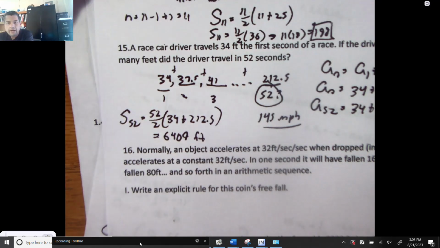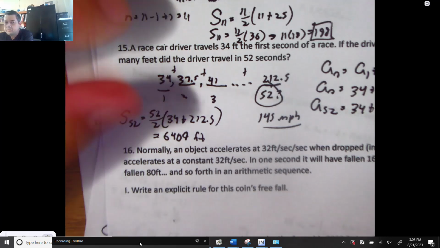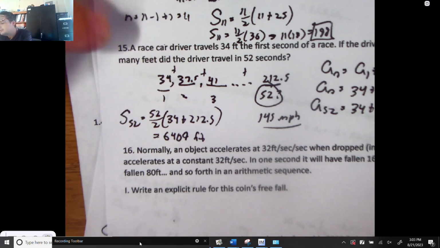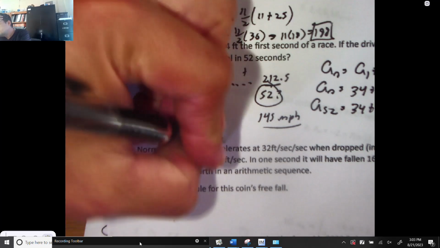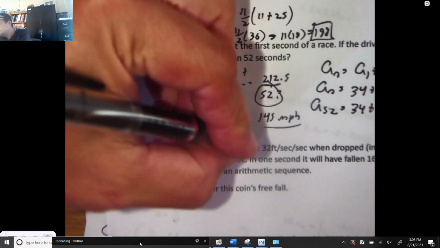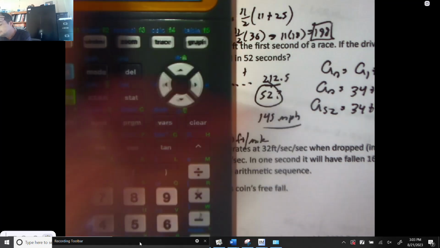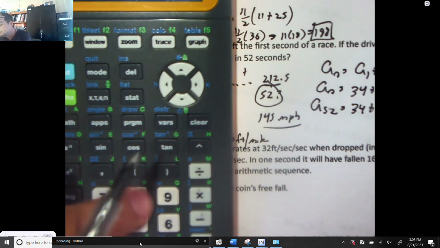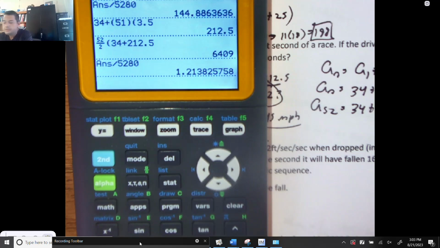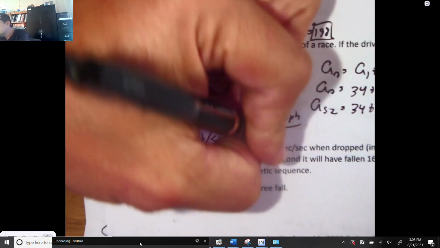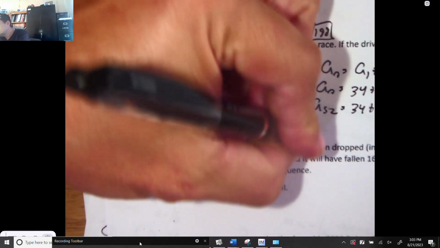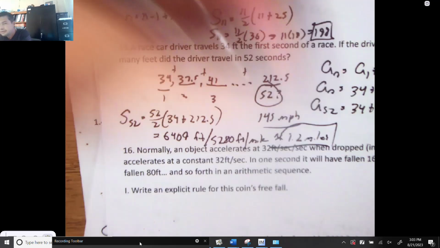And you know, like, wow, that's a lot. Not really. It's not a lot. You divide that by 5,280 feet per mile. He only traveled roughly 1.2 miles. It wasn't a lot.